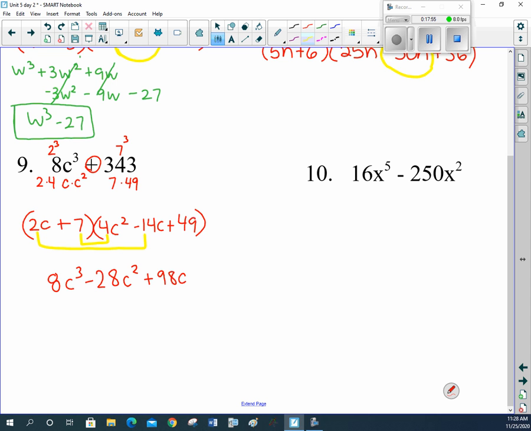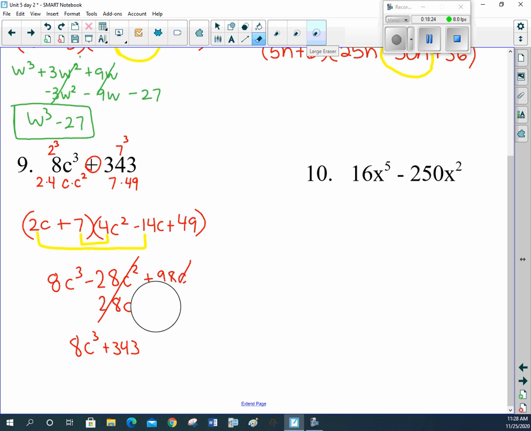Okay, 7 times 4c squared is positive 28c squared. 7 times negative 14c is negative 98c. And 7 times 49 is plus 343. You can see everything here cancels out, and we end up with 8c to the third plus 343. So it matches.